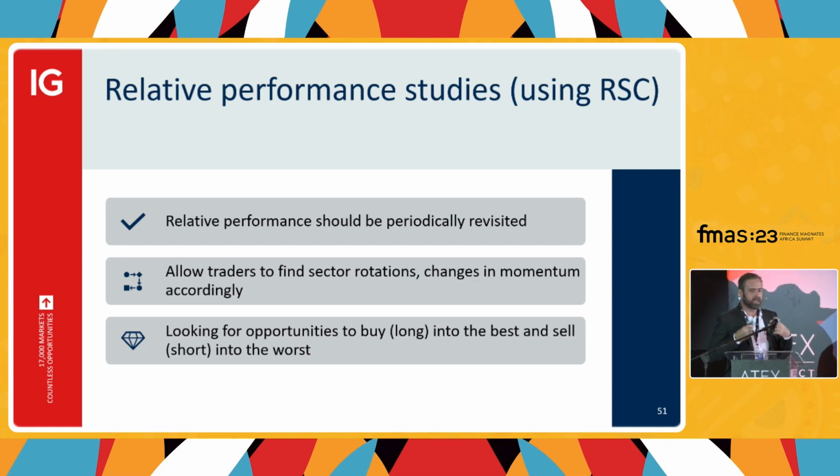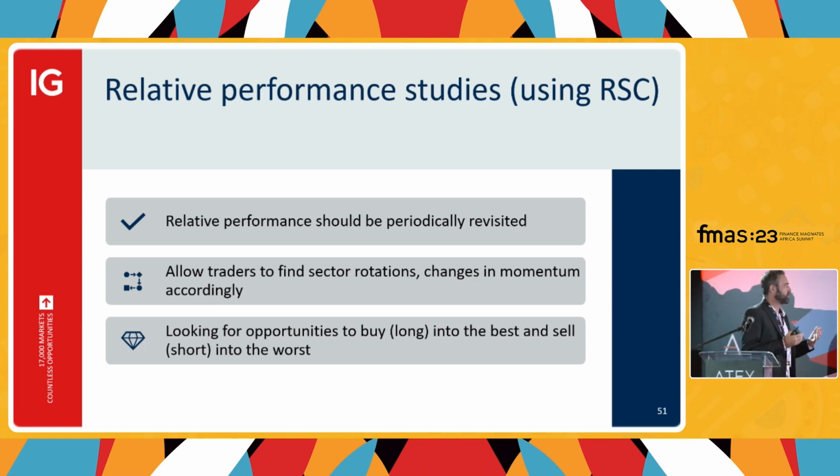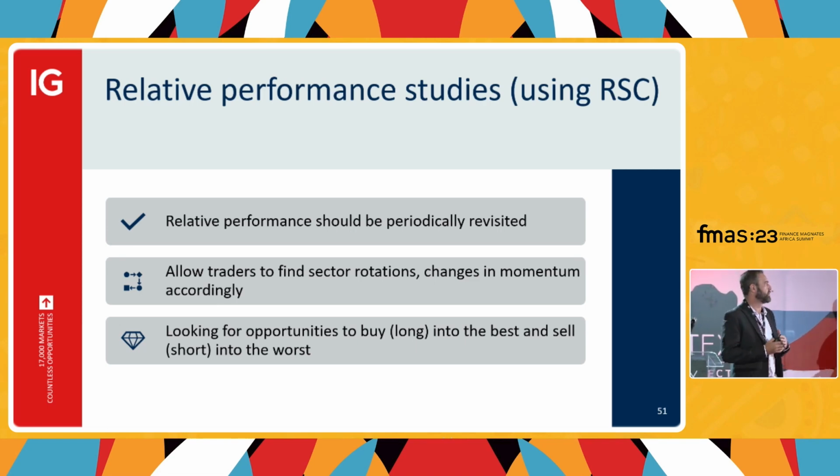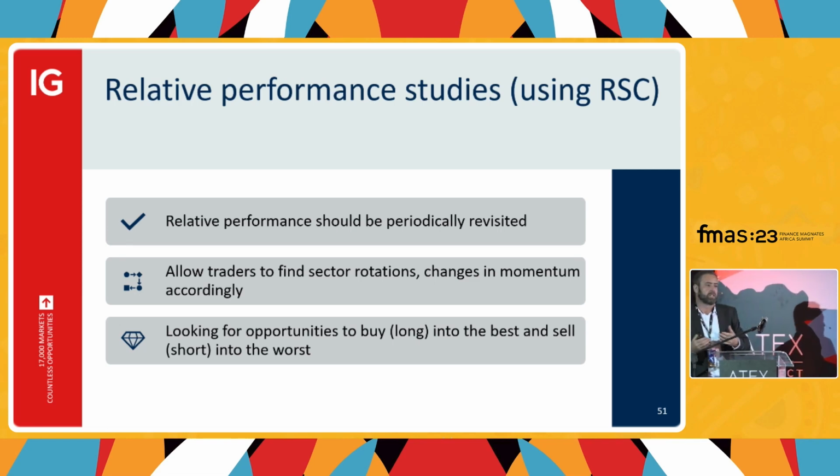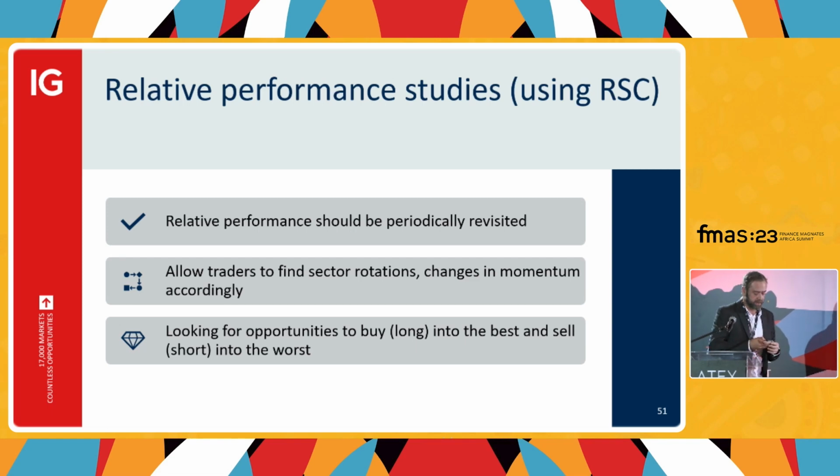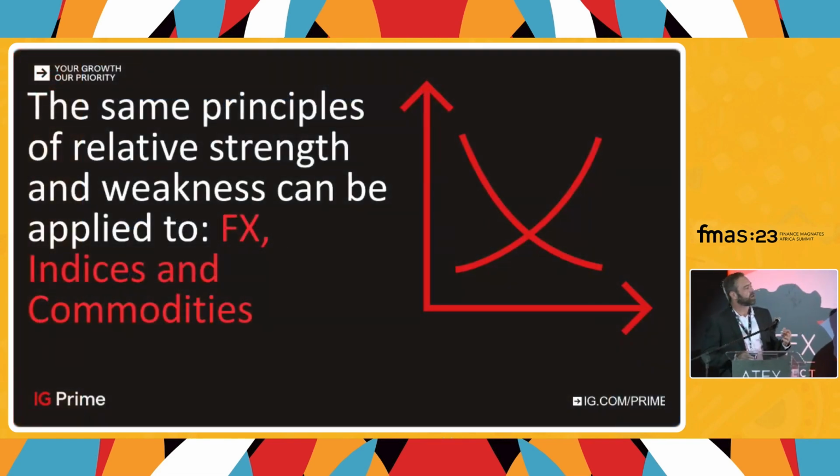We identify when sector rotations are starting to occur, changes in momentum in that market, and we look for opportunities to buy into the strongest and to sell into the weakness. You can take that concept and apply it to different asset classes.